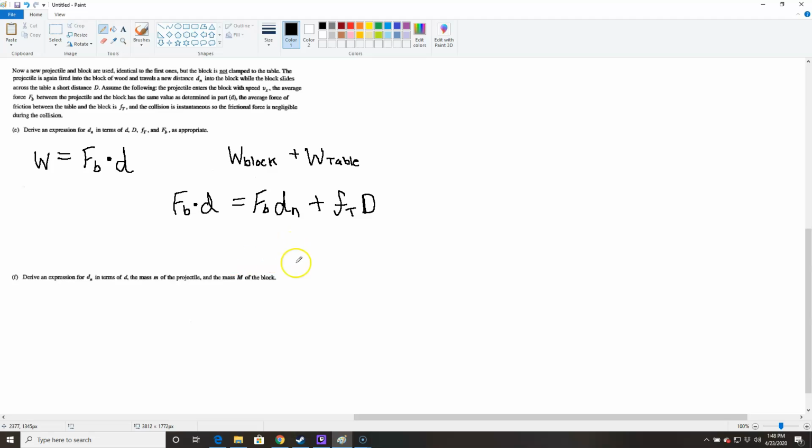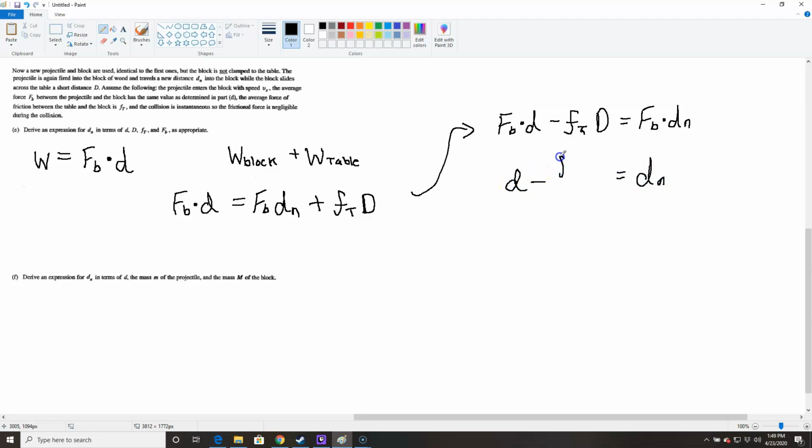So, doing some algebra tricks, we would have F sub B, which we're allowed to leave in, and told us we could here, times D minus F sub T times capital D equals F sub B times D sub n. So D sub n would be D minus FTD over FB.